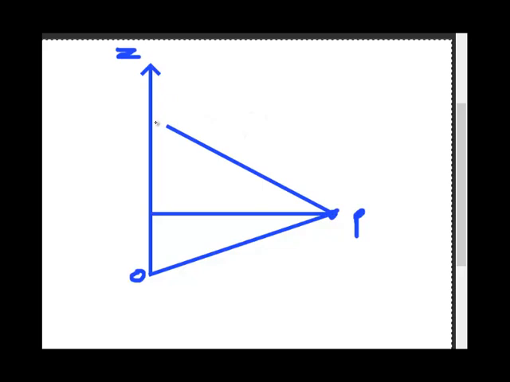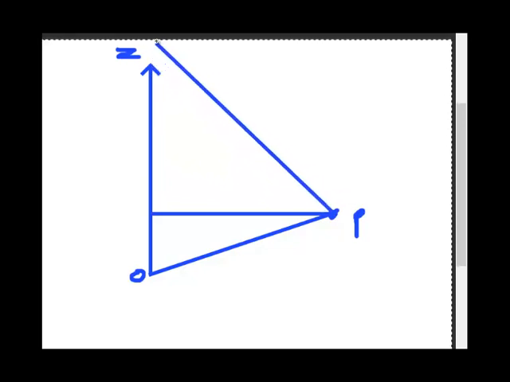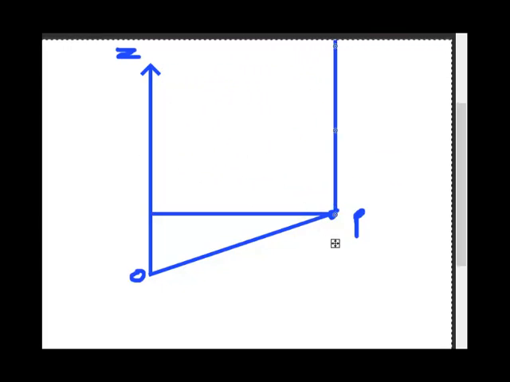So if the point is here, the angle will be less than 90 degree, but if it is going to infinity, the angle will increase to 90 degree. This is the first radial R1. The angle will be anti-clockwise alpha 1, and the second case is R2. It is going to infinity, and the angle will be clockwise 90 degree, alpha 2.